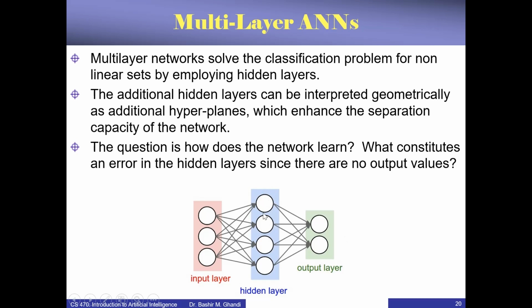But in the hidden layer, there is no expected output. We only have the predicted output. So the question is, how do we compute the error in this case?